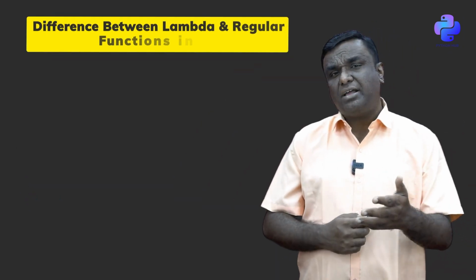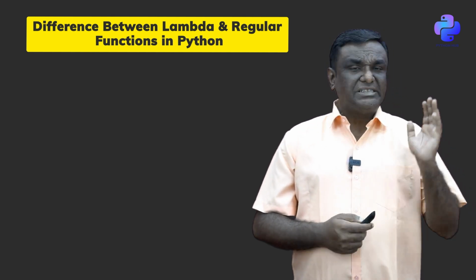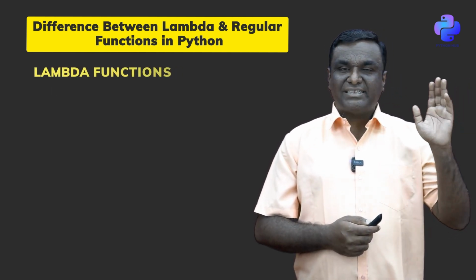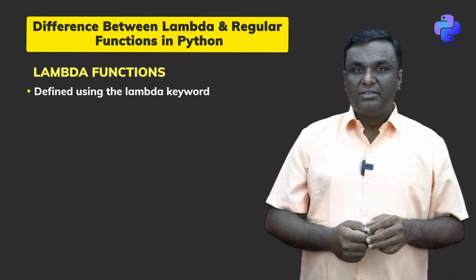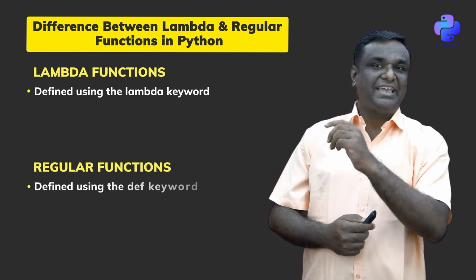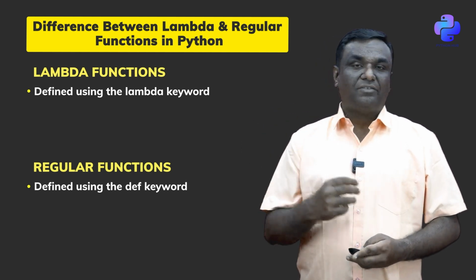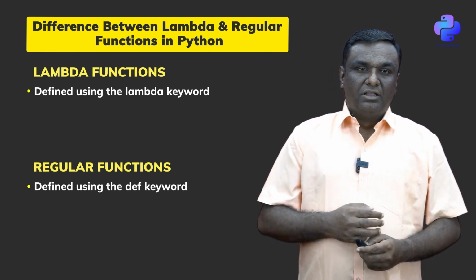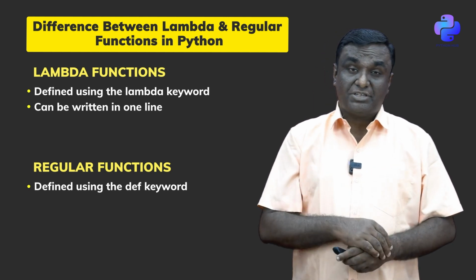You may wonder, what is the difference between Lambda and the regular functions that we discussed earlier? On one side, Lambda as a function, you are defining it using the keyword lambda. How do you define the regular function? You use the def keyword. That's the keyword that you're using to define a normal function. A Lambda function can be written in one line. That's the advantage of Lambda function.